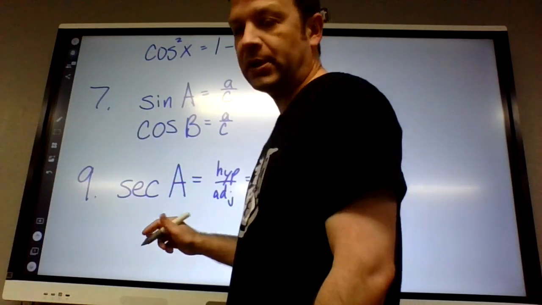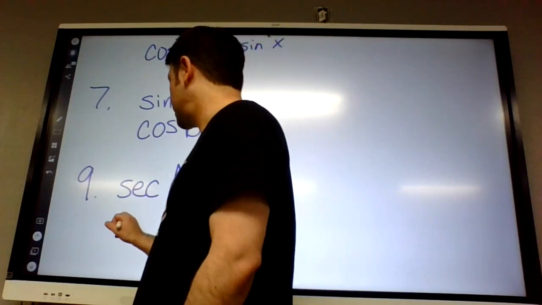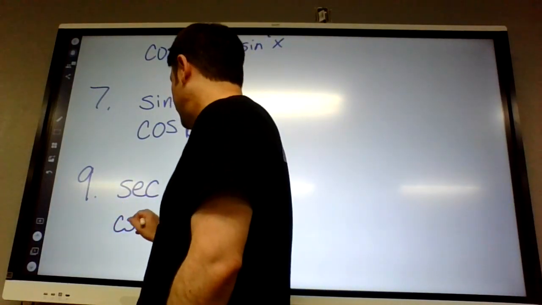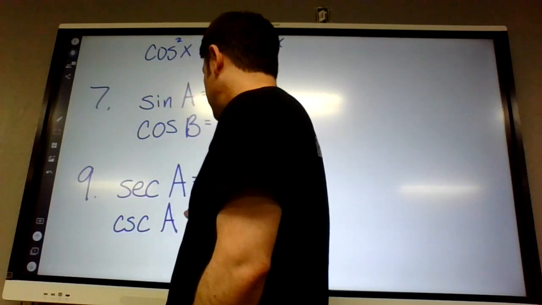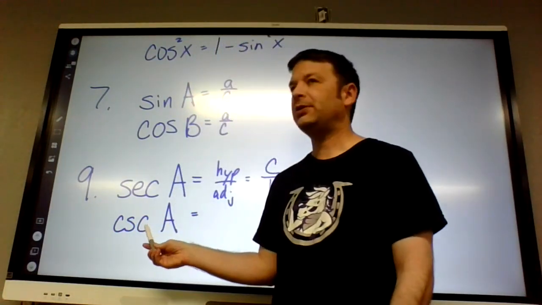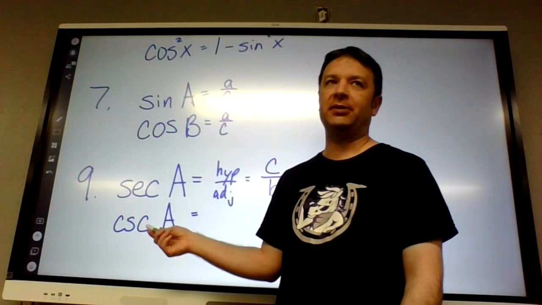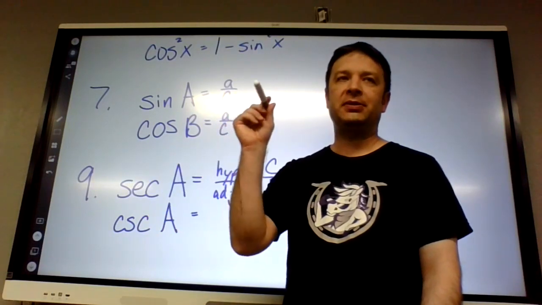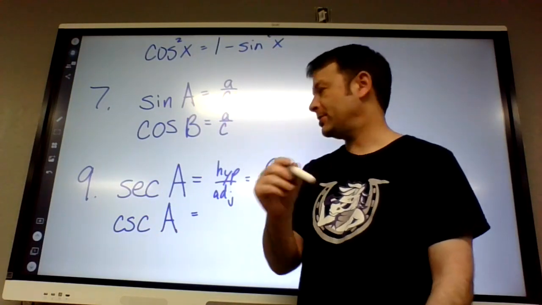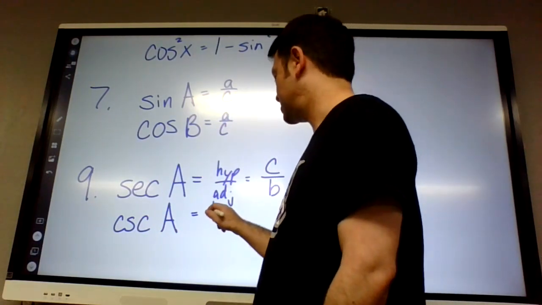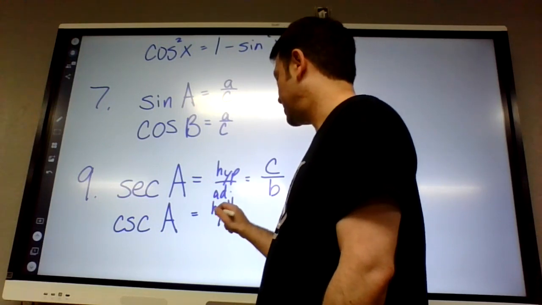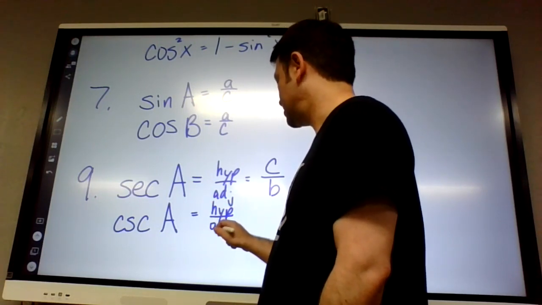B. Okay, and then the cosecant was sine upside down. Sine is opposite over hypotenuse, so cosecant must be hypotenuse over opposite.